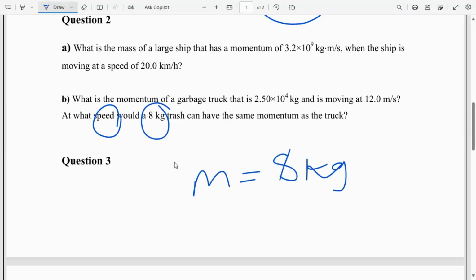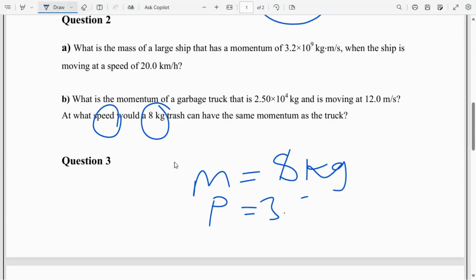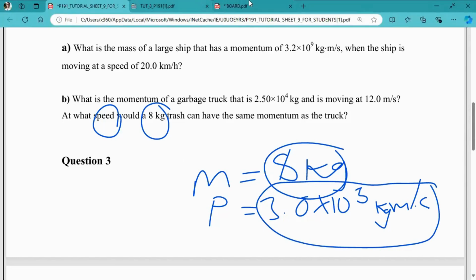The momentum is the one we calculated, 3.0 times 10 to the power 5 kg meter per second. So this is the mass we're going to use, and this is the momentum we're going to use. Now we're supposed to find the velocity. It's also fairly simple.